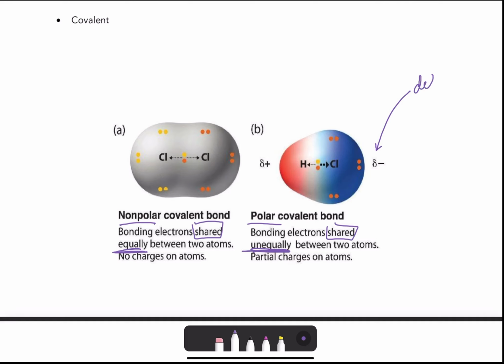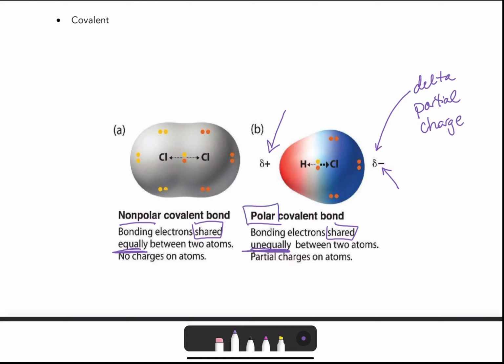It's a lowercase delta. And that stands for this partial charge that is induced from these unequal electronegativities here. Chlorine is very electronegative, so the electrons are there more frequently, which makes this a negative charge. Hydrogen, the electrons are spending less time around there, so we get this partial positive charge.